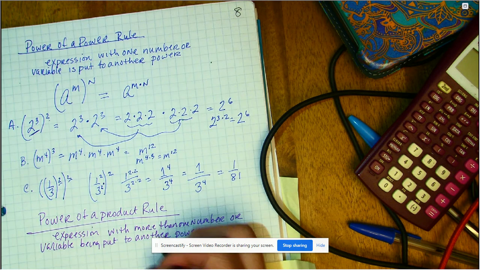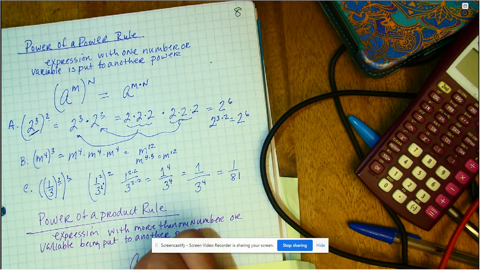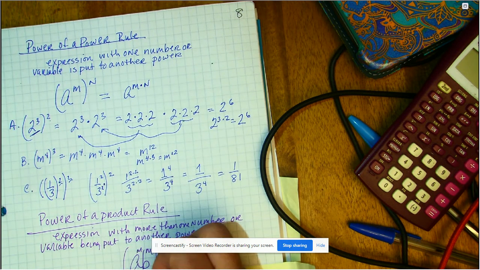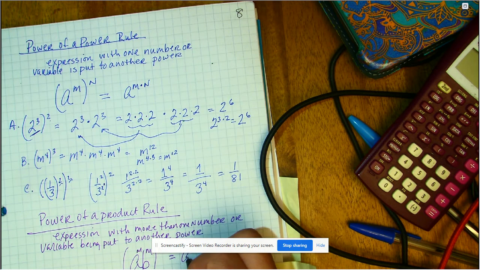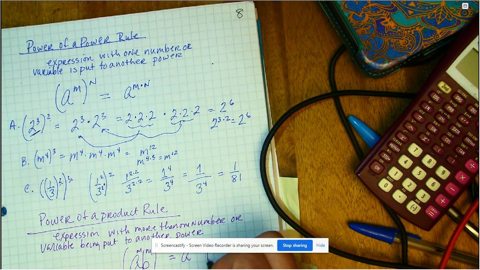The way we'd represent that symbolically would be a b, and we can say these are both to the m to the n. So I'd have a to the m times n and b to the m times n.